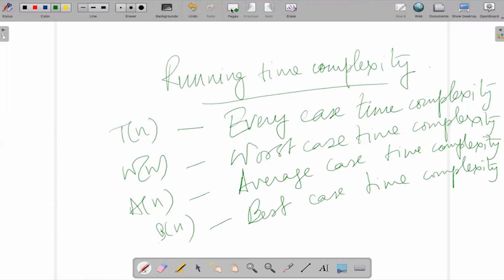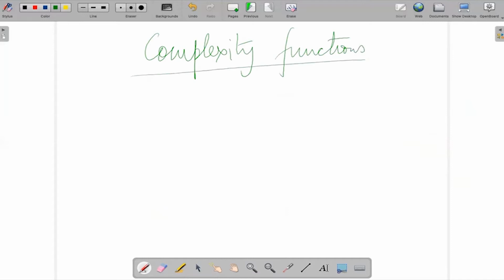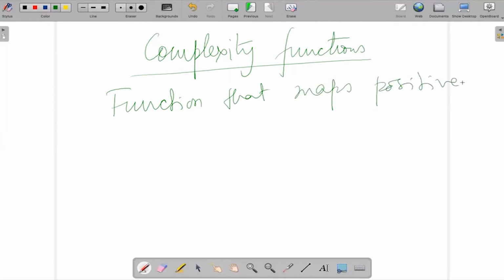Today, we will move a bit further and introduce ourselves to the concept of complexity functions. By complexity function, we mean a function that maps positive integers to non-negative reals.